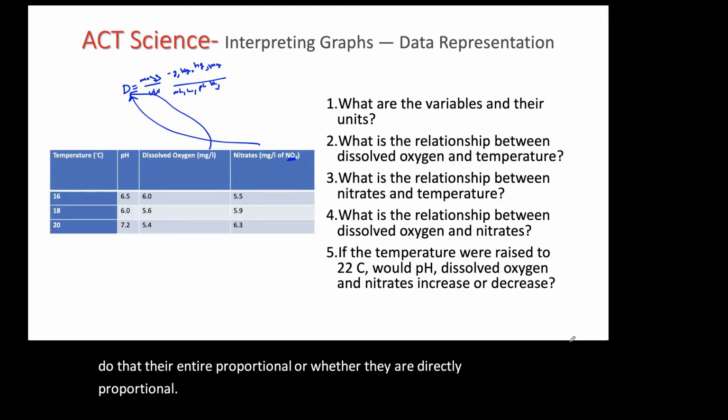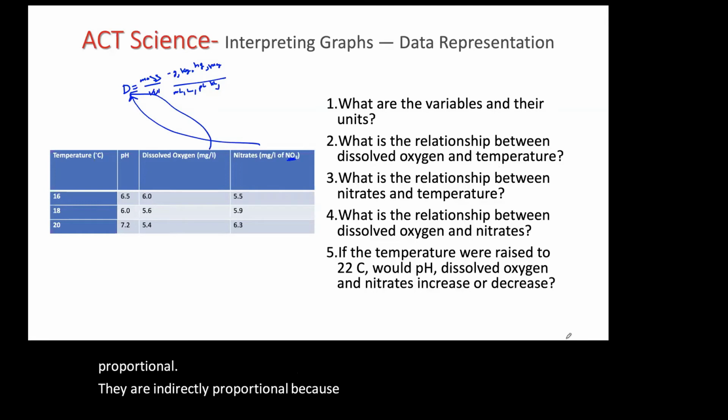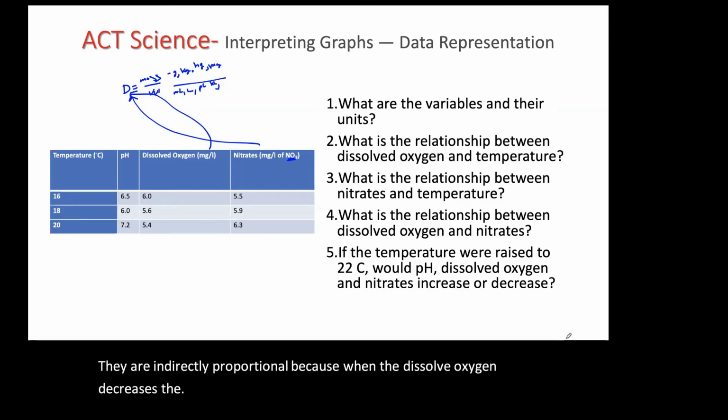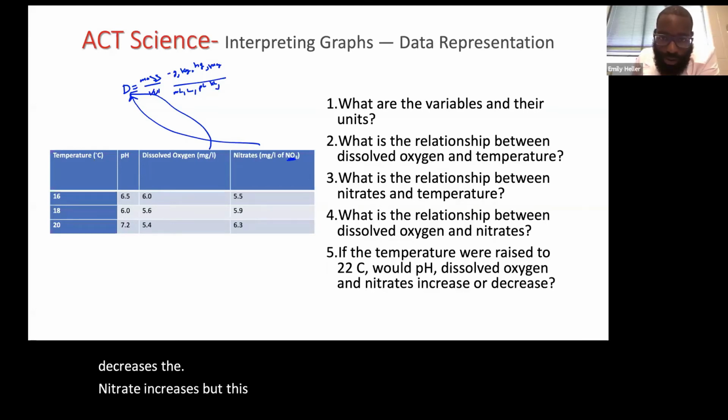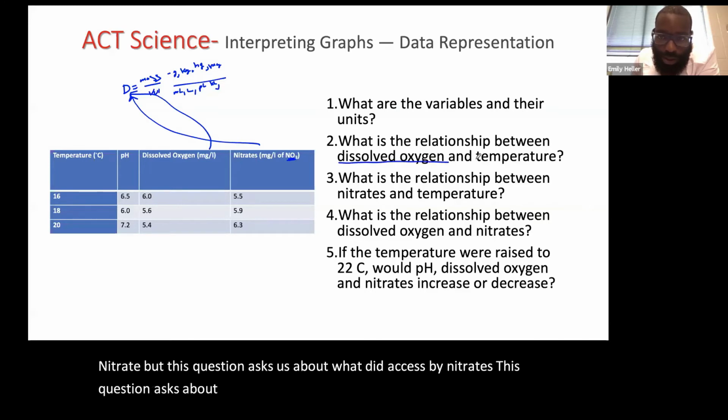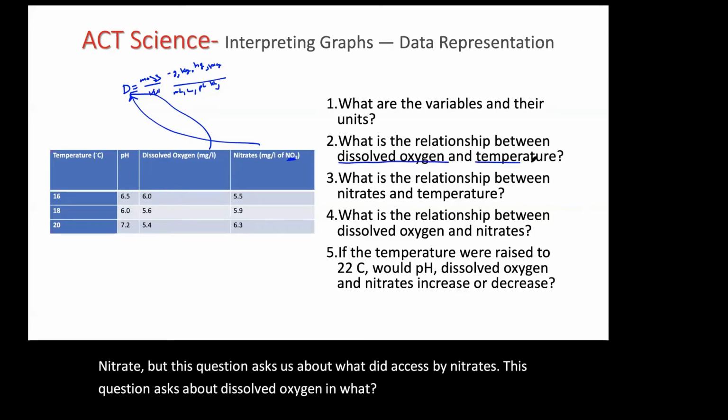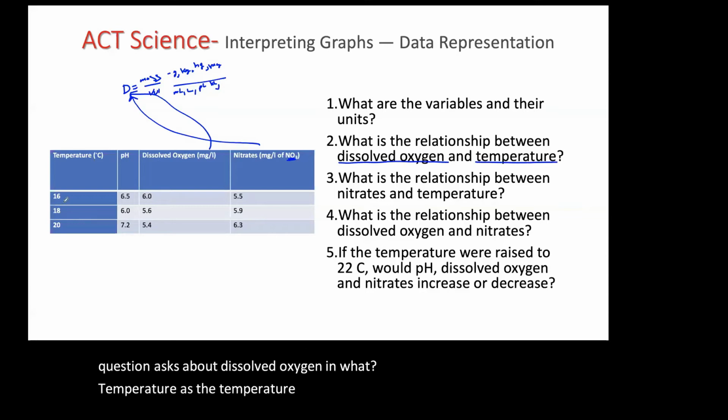They're indirectly proportionate because when the dissolved oxygen decreases, the nitrate increases. Well, but this question asks us about what? Did it ask us about nitrates? This question asks about dissolved oxygen and what? Temperature. As the temperature increases, the dissolved oxygen decreases.